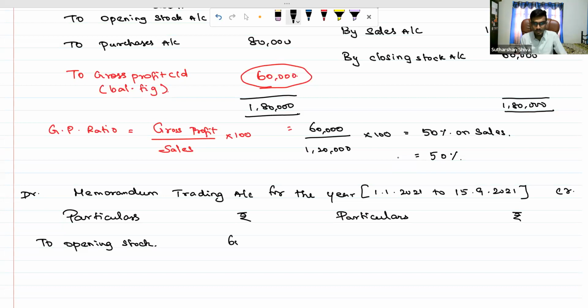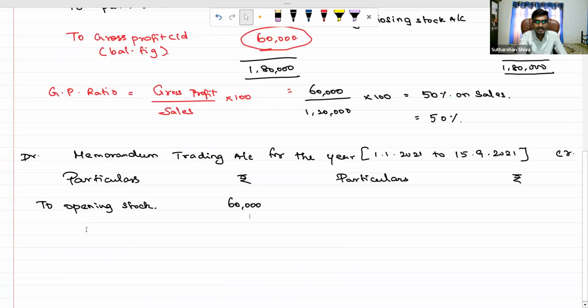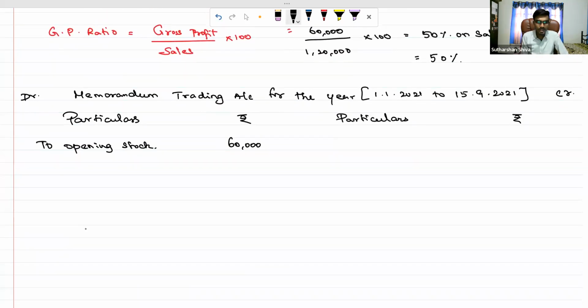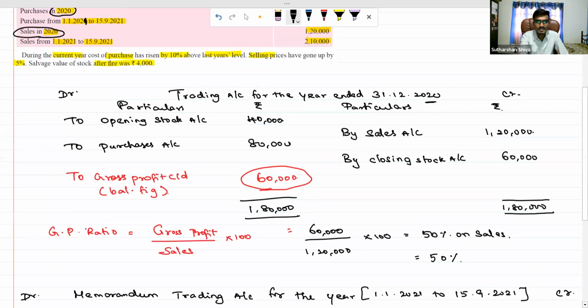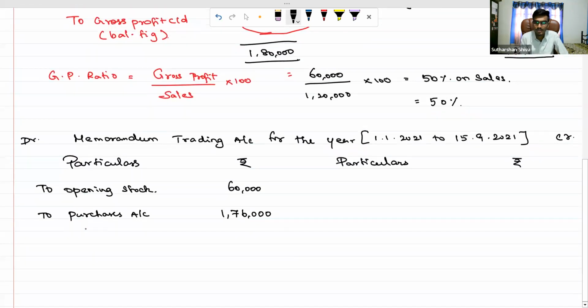Then purchases are given, 1,76,000, so I will record to purchases account 1,76,000. Wages given? No. Sales is given? Yes. What is the sale value? 2,10,000, so I will write by sales account 2,10,000.